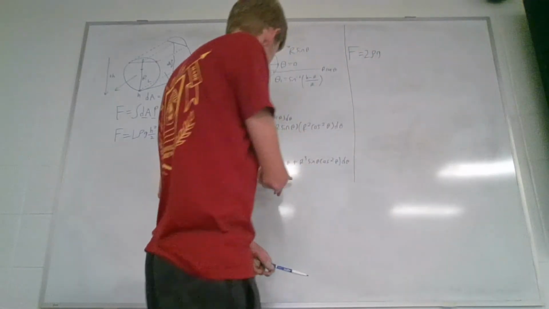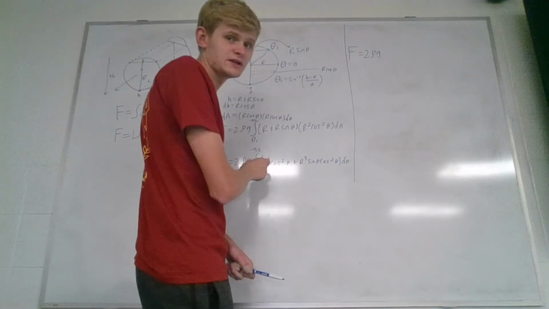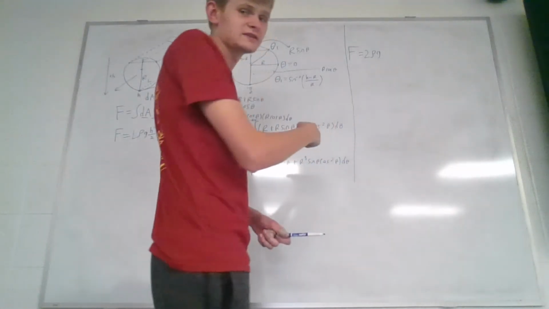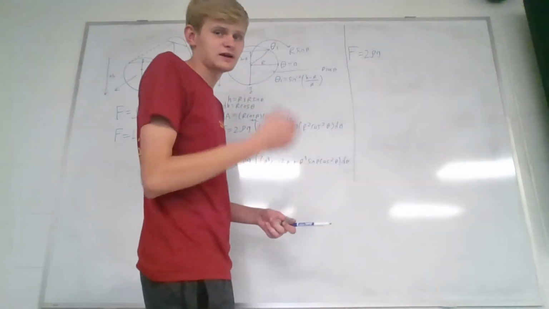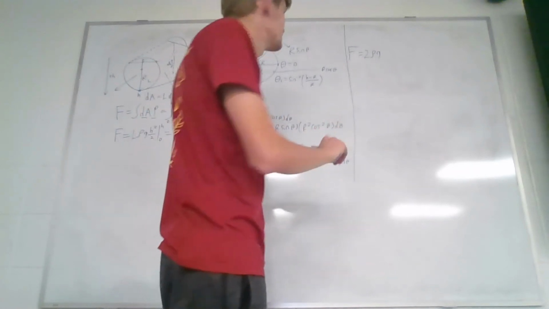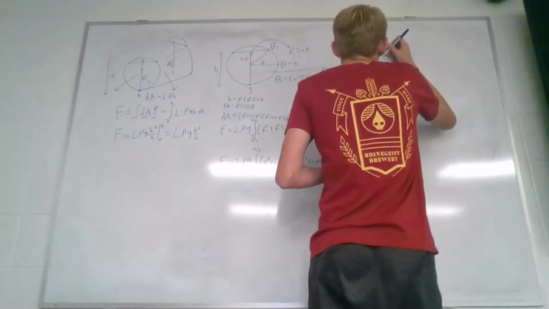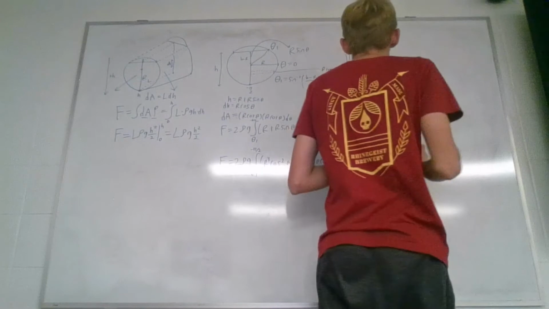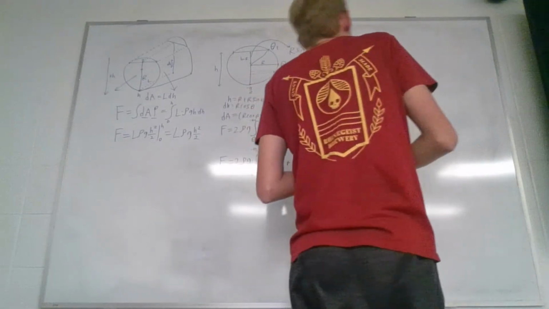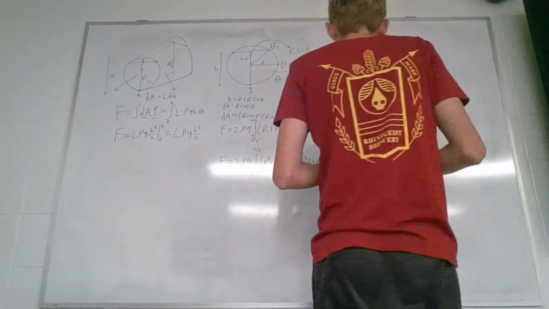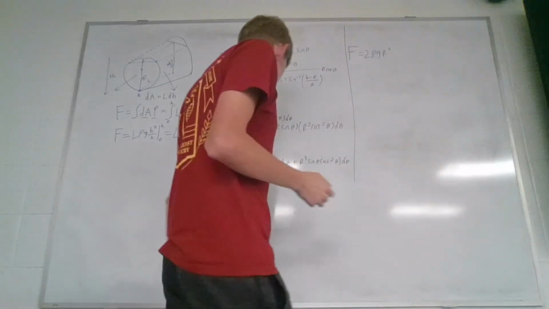And if you notice here, we have a radius cubed. So we can immediately take that out, because that's going to be a constant no matter what, because it's radius. So we have r cubed, and then we can now take integrals of each of these sides.